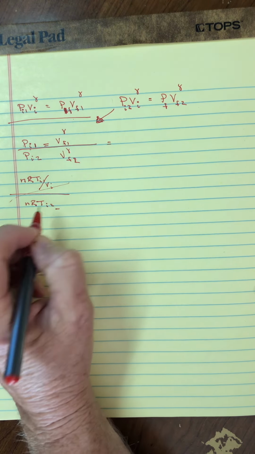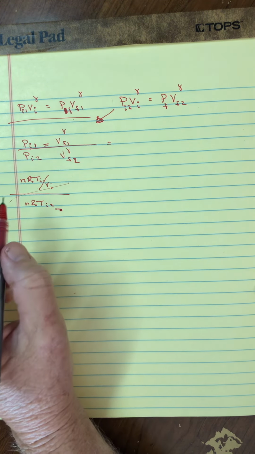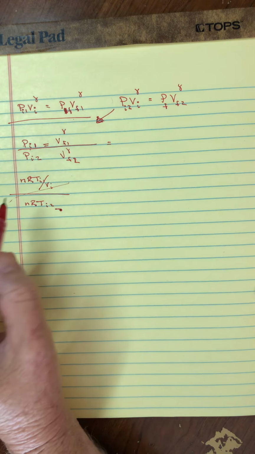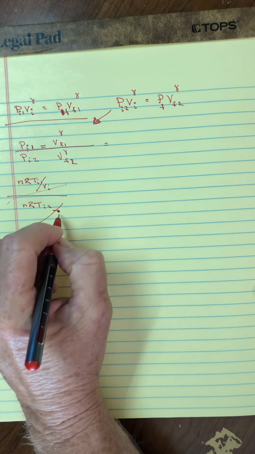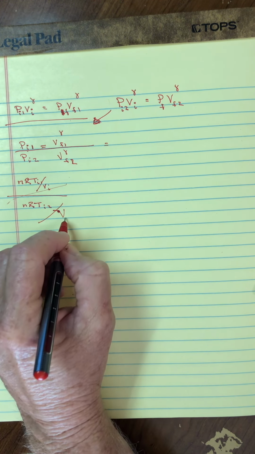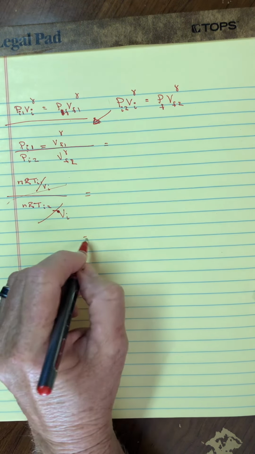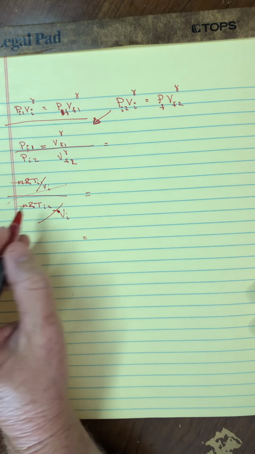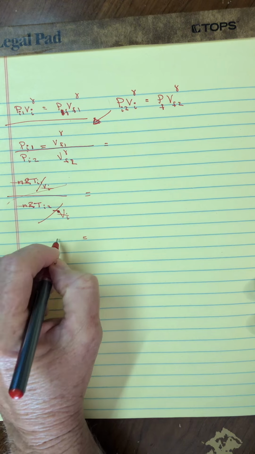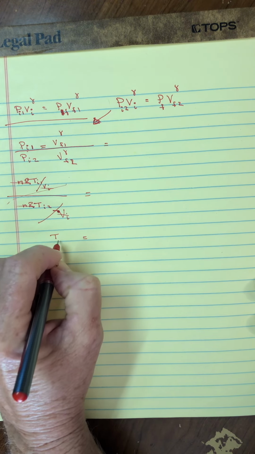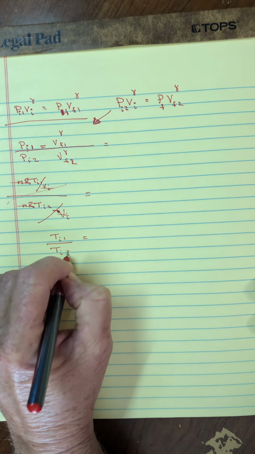divided by, just like I did up here, the volume initial of number 2. But the N and the R are the same, and the initial volumes are the same. So this gives me a ratio of the initial temperature of number 1 over the initial temperature of number 2.